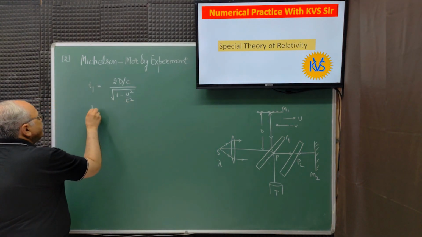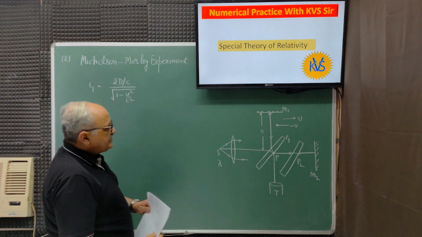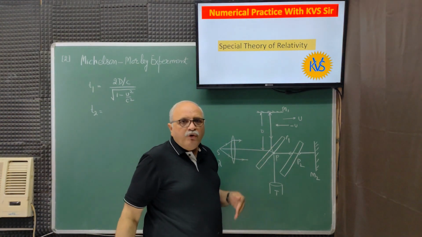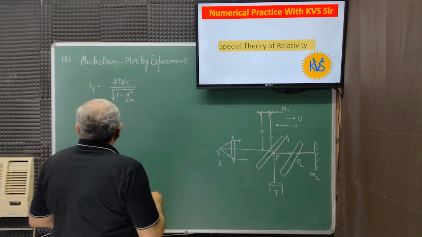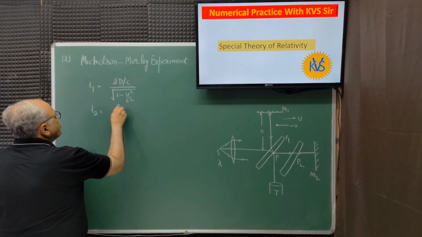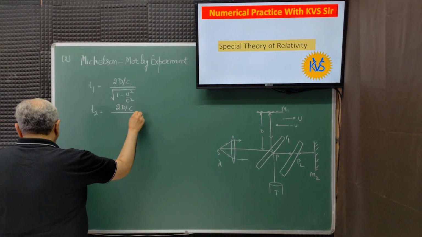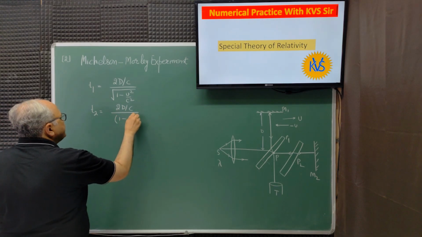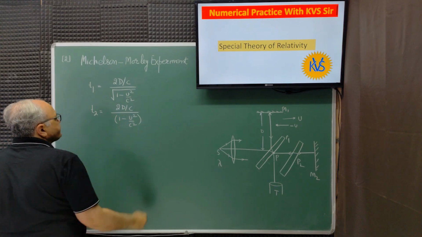The time when the light travels parallel to the flow towards the mirror M2 is given as 2d by c under root of 1 minus u square by c square.